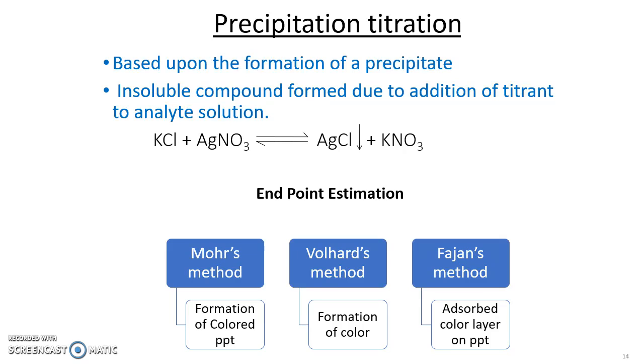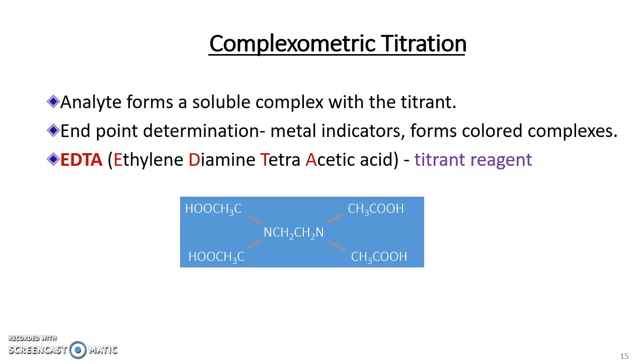For determination of endpoint in the precipitation titration, there are three methods: Mohr's method, Volhard's method and Fajans' method. Complexometric titrations. These are meant for determination of metal ions. In complexometric titration, analyte forms a complex with the titrant.